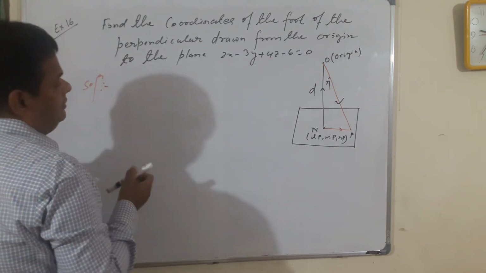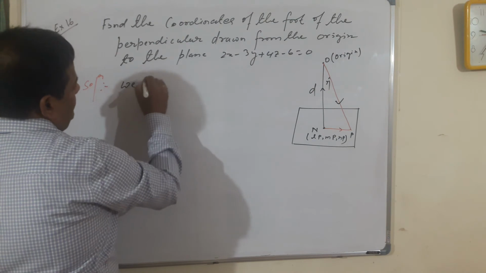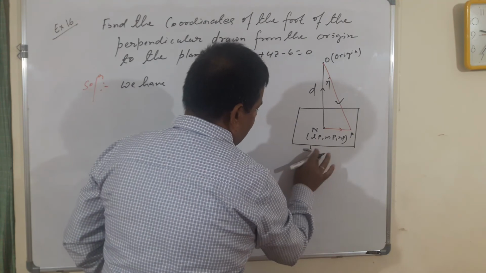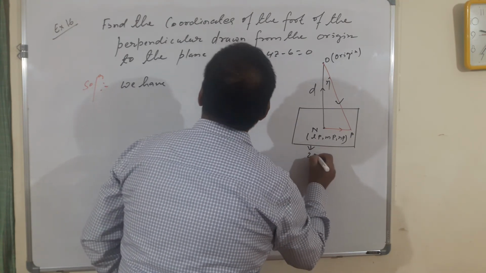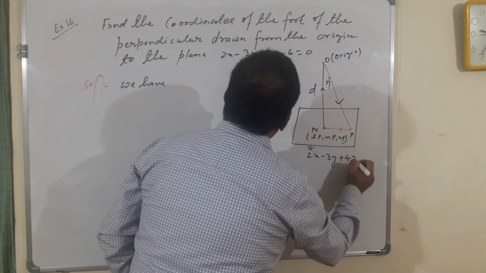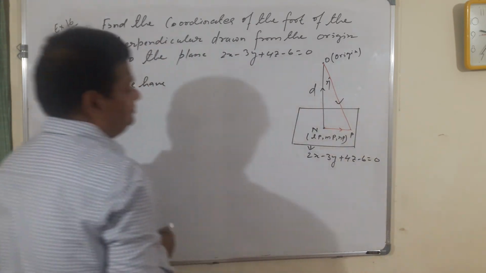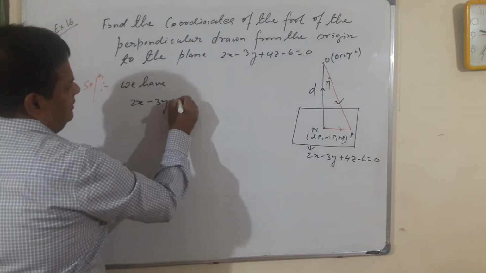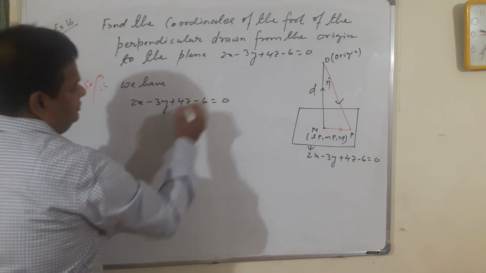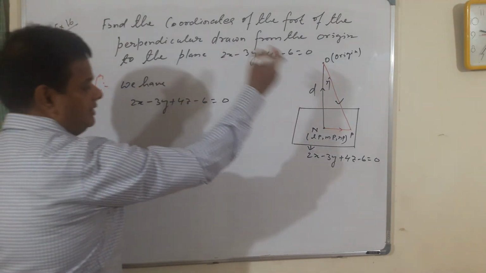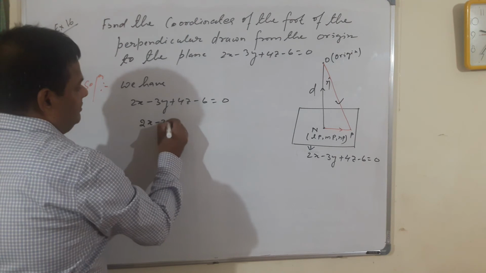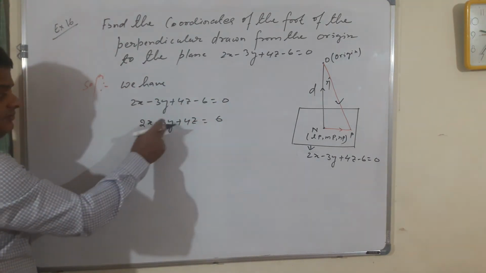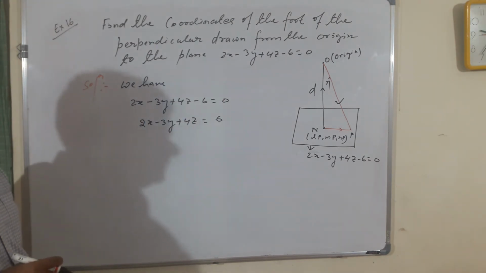So the equation of the plane is 2x minus 3y plus 4z minus 6 equal to 0. Bring the constant term to the right side: 2x minus 3y plus 4z is equal to 6. So 2, minus 3, 4 are direction ratios.